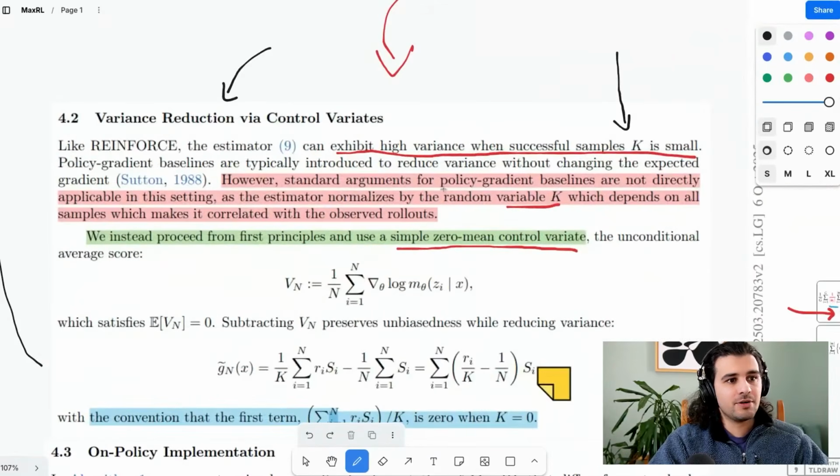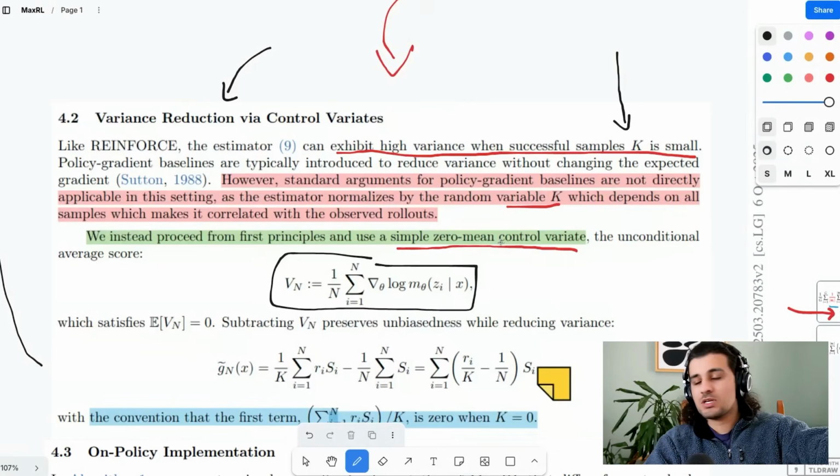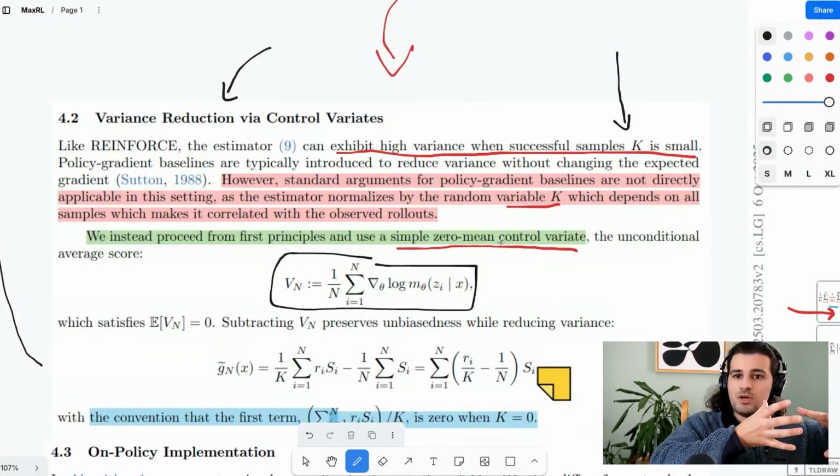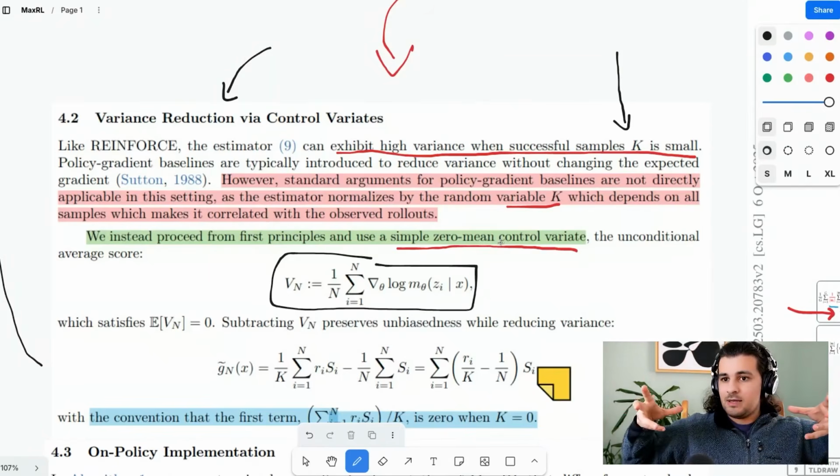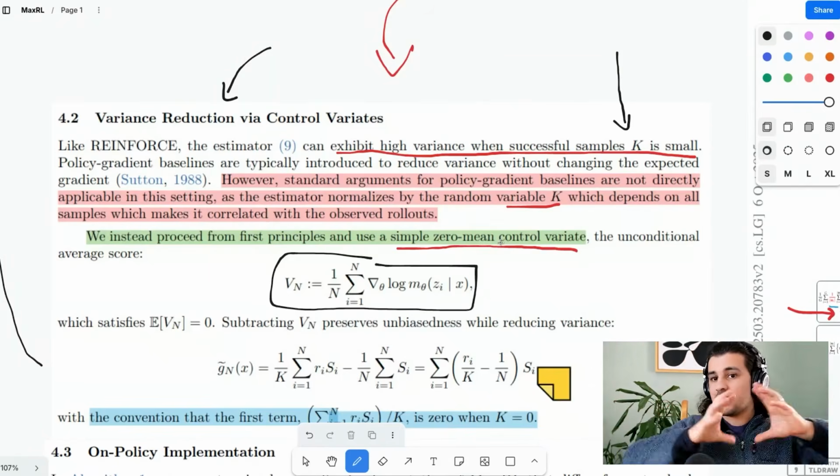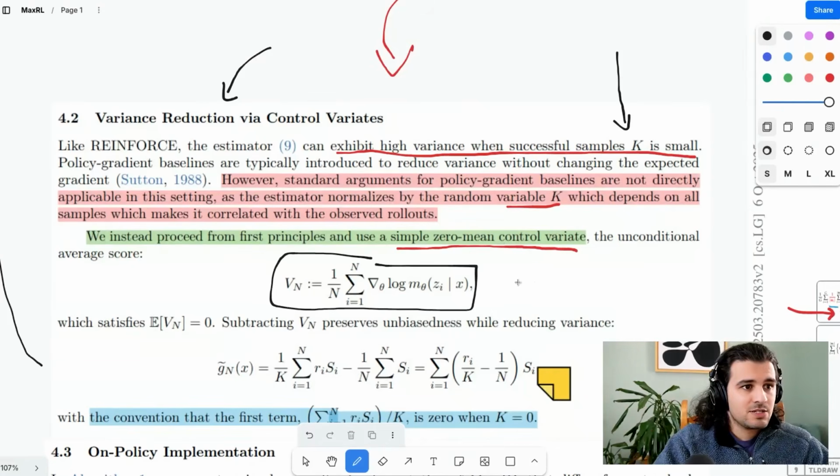What they're saying is that they can use this quantity over here, which is just a zero-mean control variate. You take the estimator that you care about, and then you subtract that all the time. Because it has zero mean, it will not change the expectation, and you will be able to reduce the variance with it.